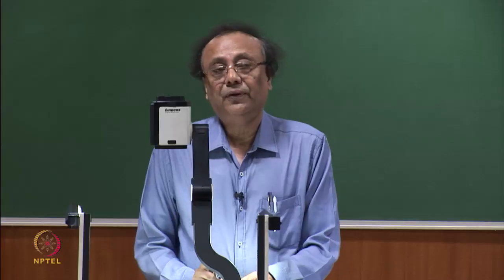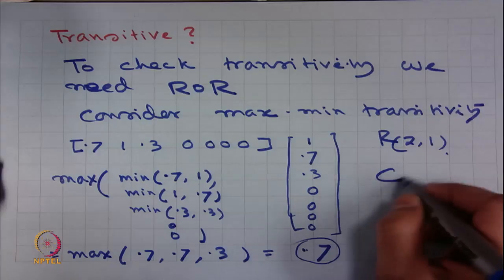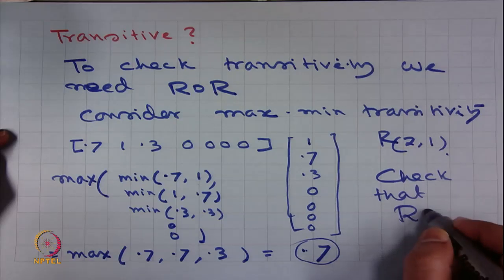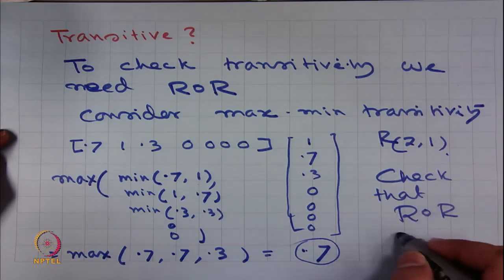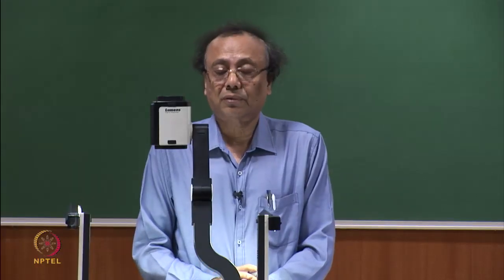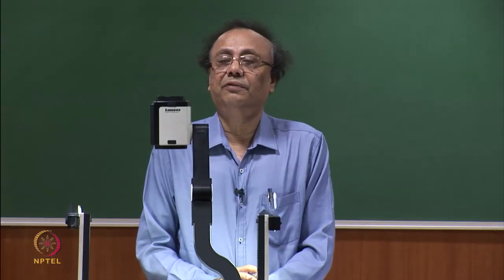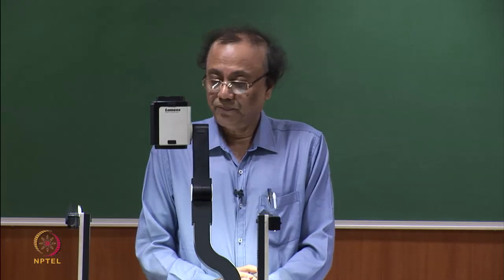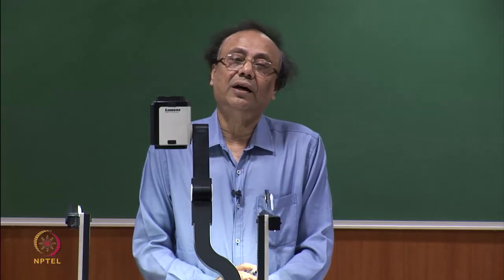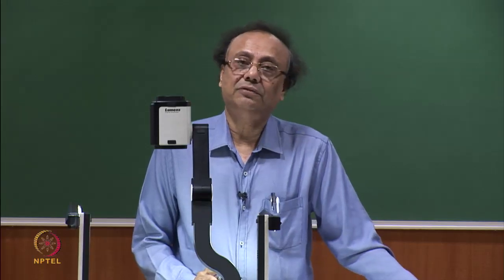I request you to verify for all the 49 elements and see that R composed with R is equal to R. That is, for the transitive closure of R, if we apply the algorithm that I have given some time back, after the first iteration itself, we find that R prime is the same as R, and therefore, this relation is transitive.